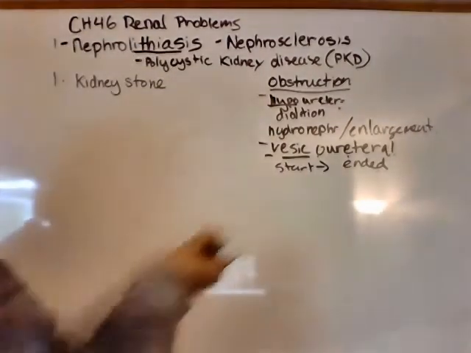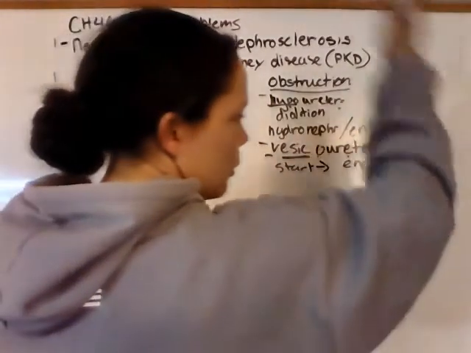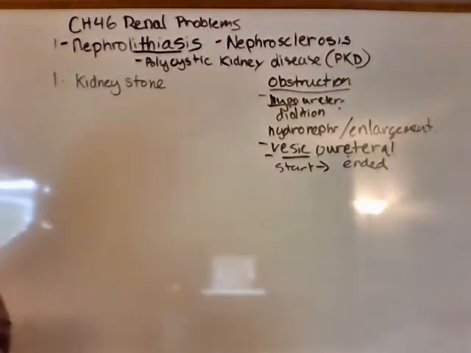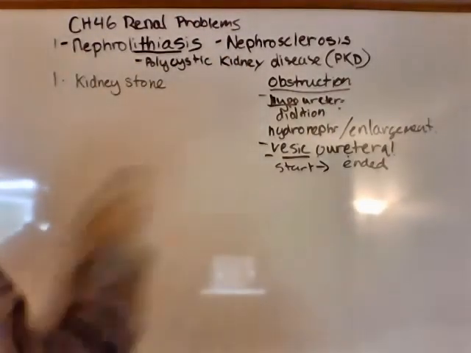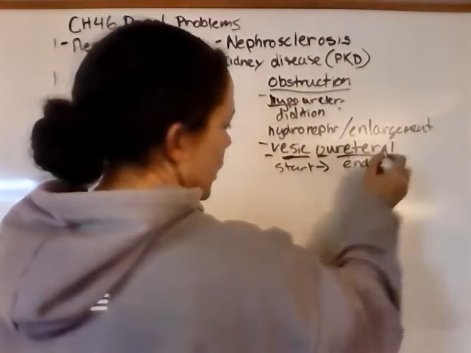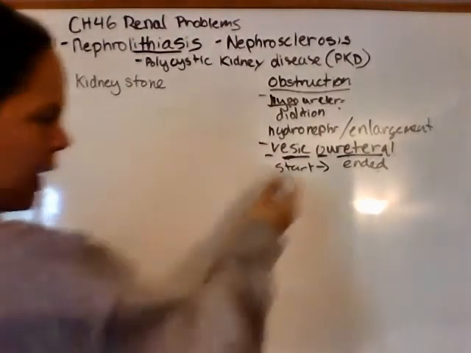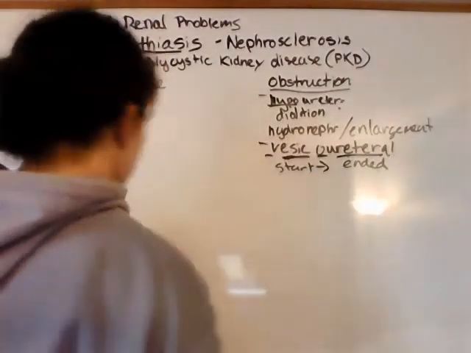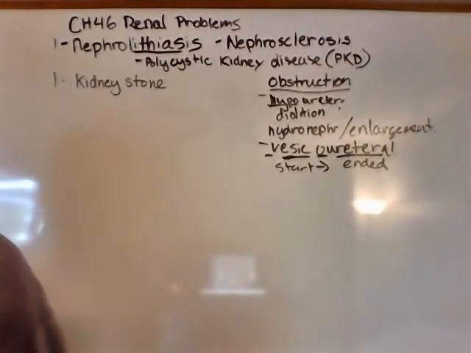But it can be ureter to kidney or whatever. Basically, this is where it starts, this is where it's going, and this is where it ends. All right, so when you see something like that, that's the order it's going in. And it's obviously backwards.